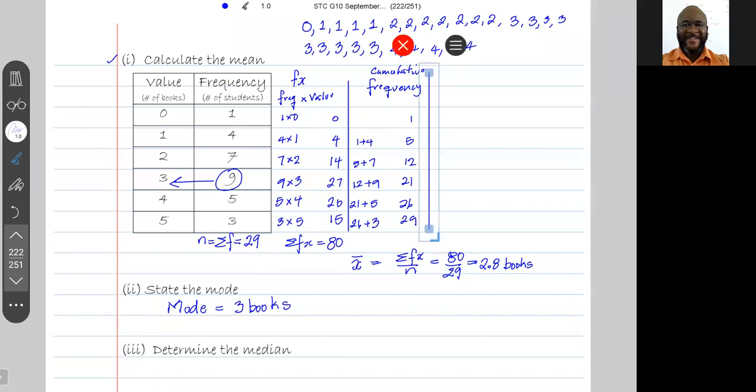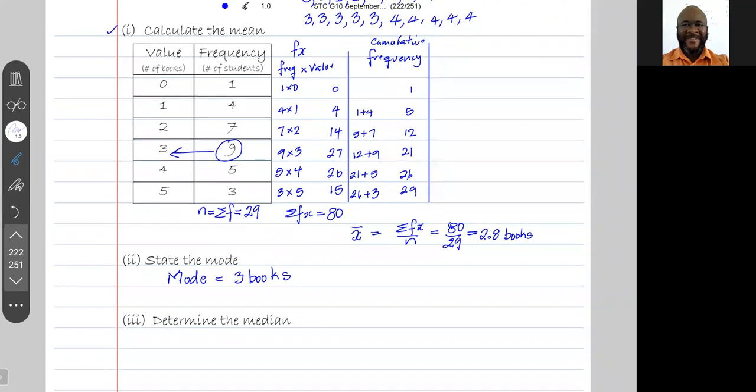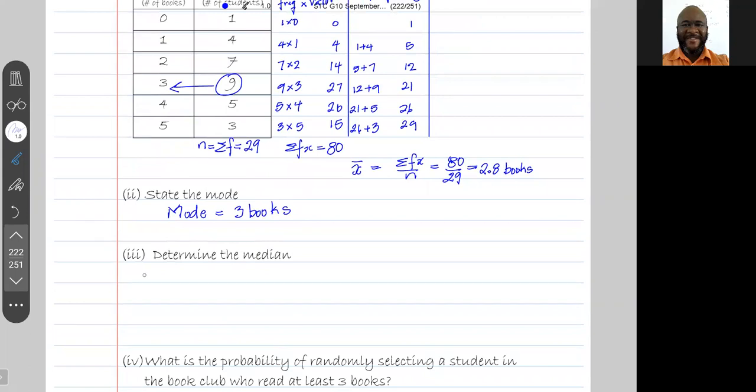Stay with me. Now, earlier I gave you a calculation. I told you that Q2, which is the median, is the n plus 1 over 2 th value in the distribution. N is 29, plus 1 over 2.